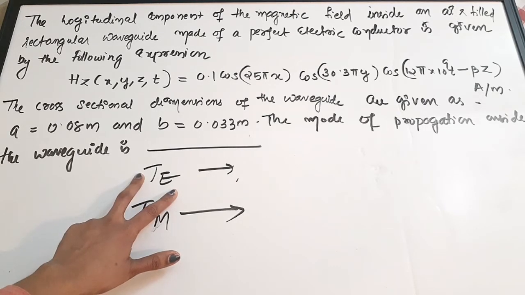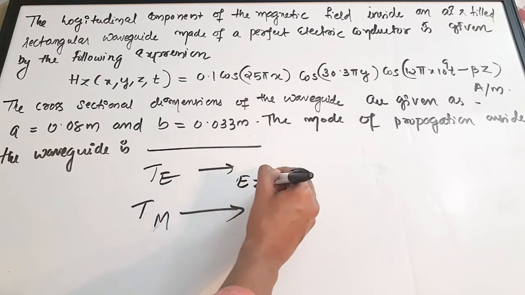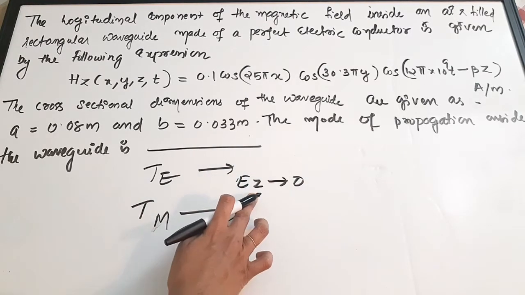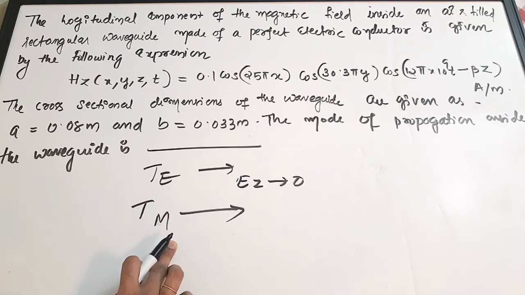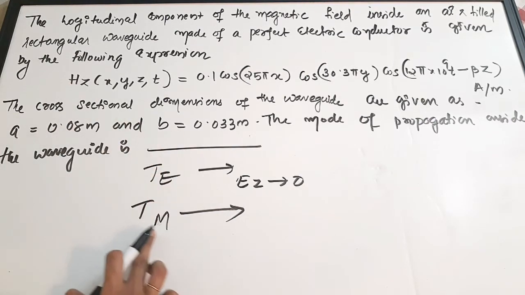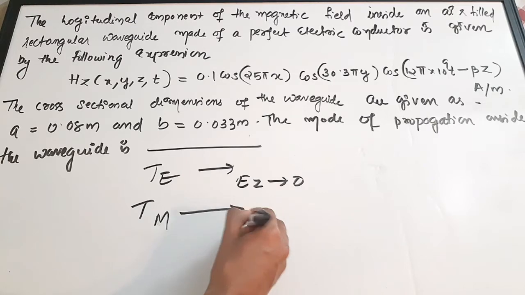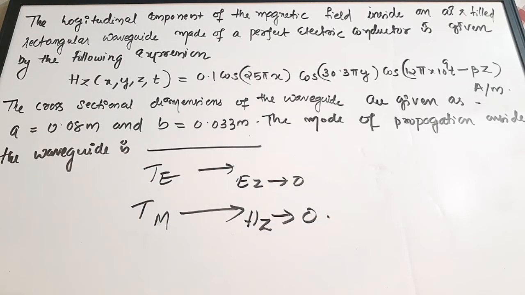When the mode is TE mode, then the electric field component Ez is equal to 0, where Z is the direction of propagation. When the mode is TM mode, that is transverse magnetic field mode, then Hz should be equal to 0. So this is the condition.